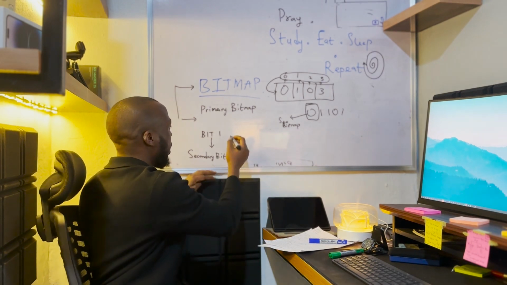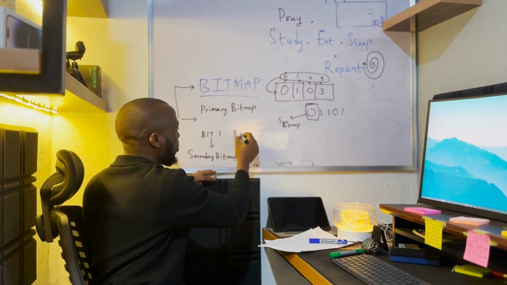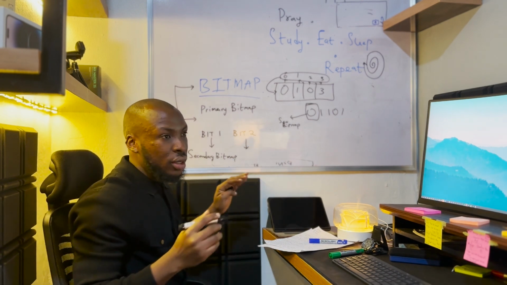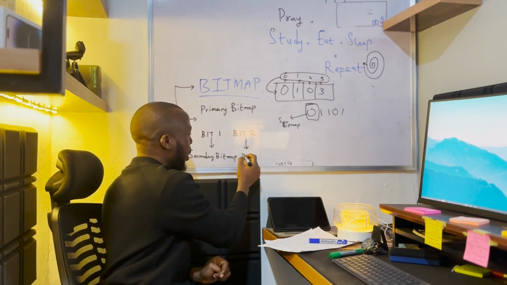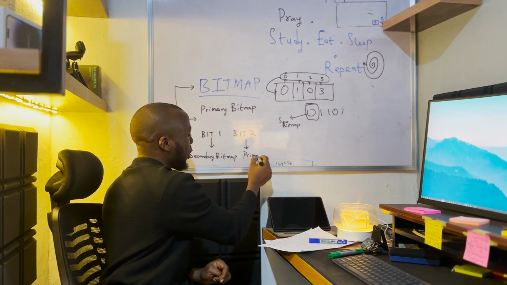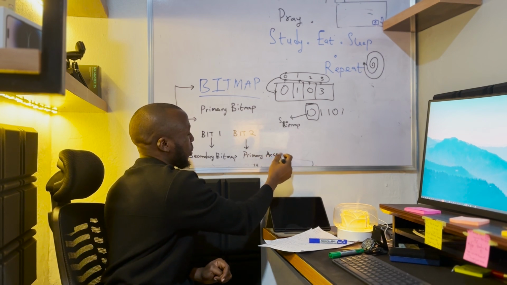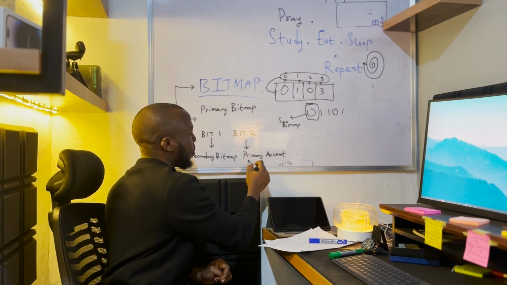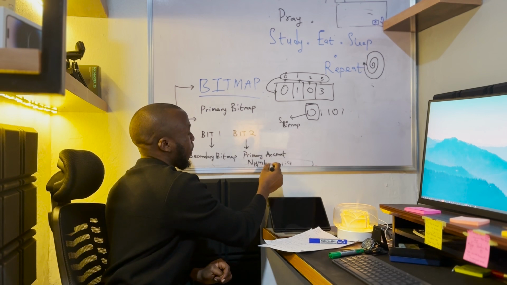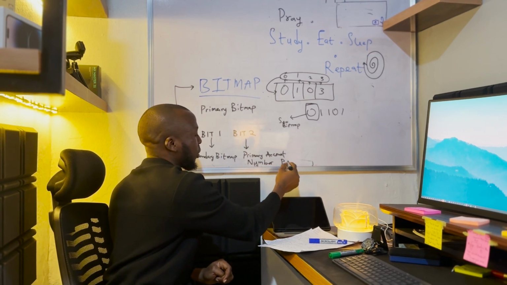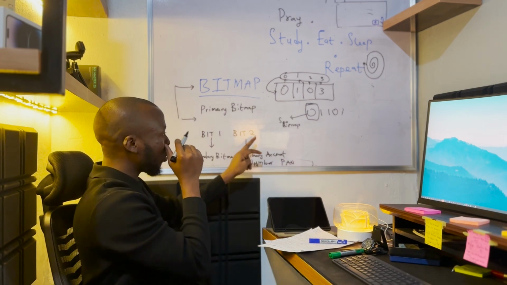All right. And the second bit is used to tell if we have a primary account number, which is well known as your PAN. That's what the second bit tells.